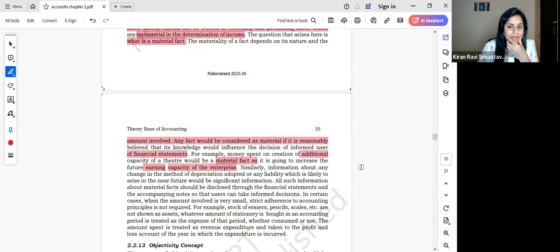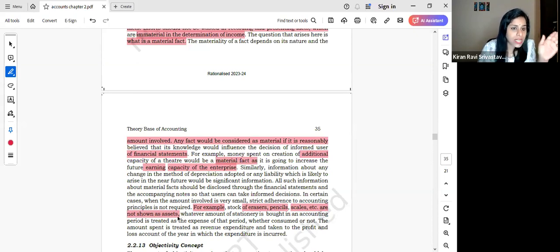Similarly, information about any change in the method of depreciation. So leave this depreciation example. Now, for example, stock of pencils, erasers, scales are not shown as assets. For a big company, when we show assets, stock of erasers, pencils, scales are not shown as assets because it is not a very material asset for a big company.